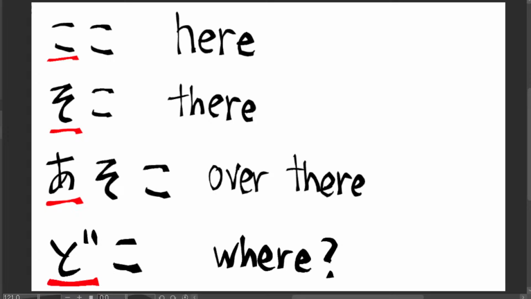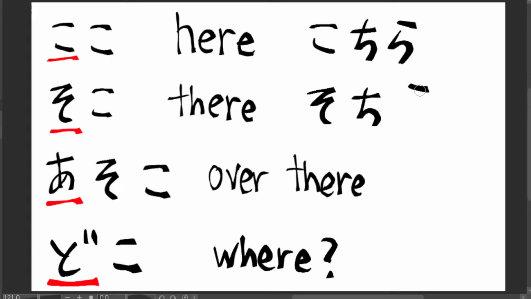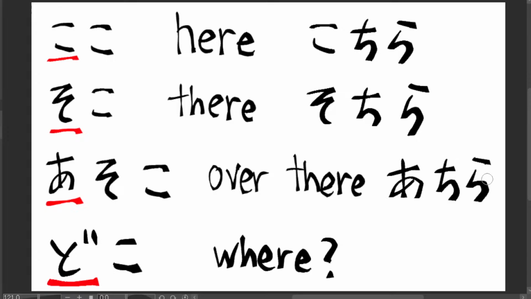All of these can have a more polite way of saying it. ここ would be こちら. そこ would be そちら. あそこ is あちら. And どこ is どちら. It is basically the same meaning, but in Japanese you have these levels of politeness.